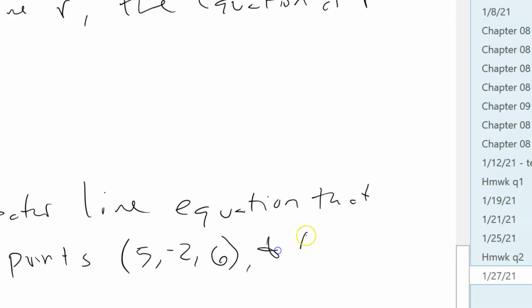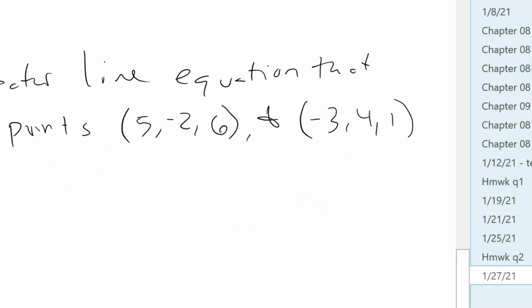Okay, so let's say we want to find a possible vector line equation that passes through the points 5, -2, 6, and -3, 4, 1. Note I said possible here because just like for vector line equations in 2 dimensions, there's going to be lots of possible answers.